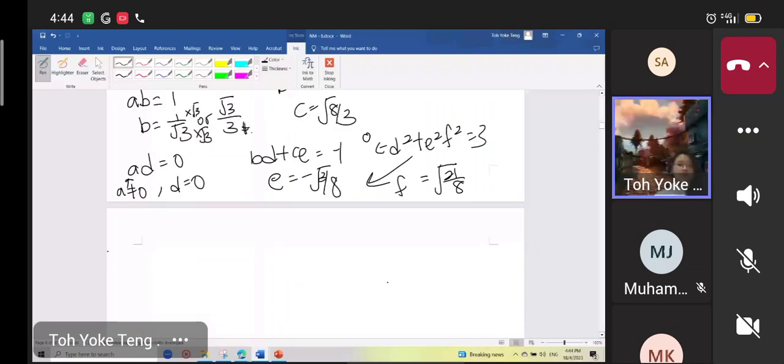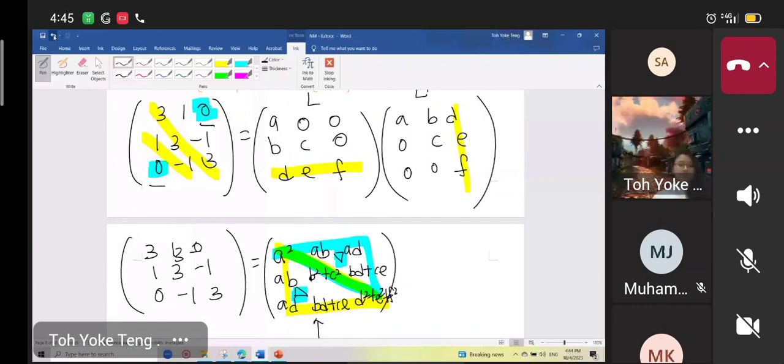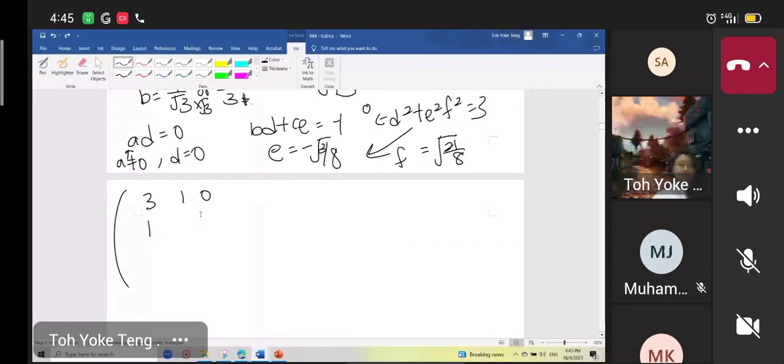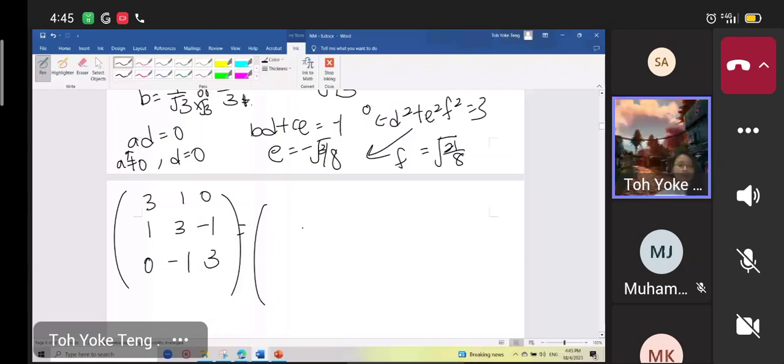As refers to here, 3 1 zeros, 1 3 negative 1. Okay, just substitute it back here.